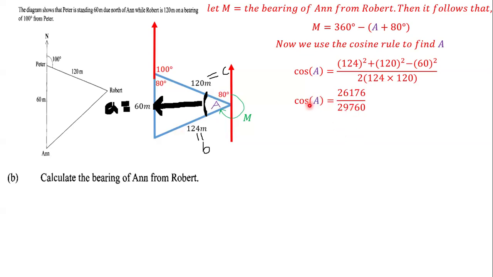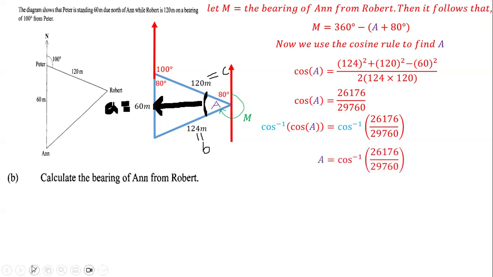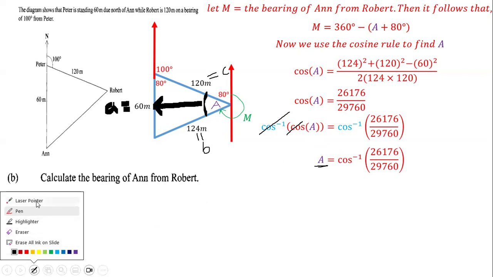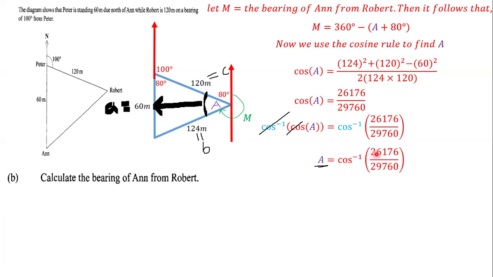So that is what cosine of A is equal to. Next, we take the cosine inverse of both sides. The cosine inverse cancels out the cosine, and we are left with A equal to cosine inverse of 26,176 divided by 29,760.